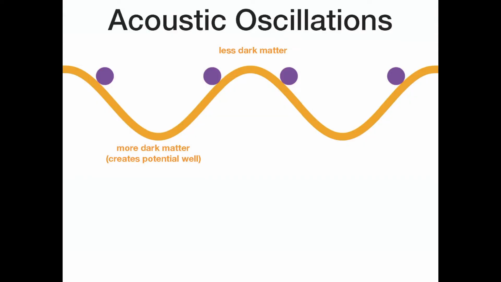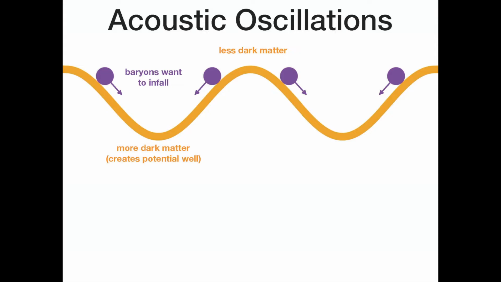So let me give a very heuristic picture of what's happening in the early universe. The idea of acoustic oscillations is that, say, if you have a dark matter potential well here, and a dark matter clump over here making a potential well, you have baryons that see this well and want to infall into the well.